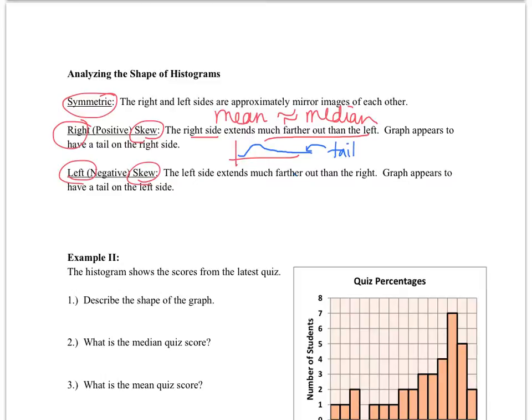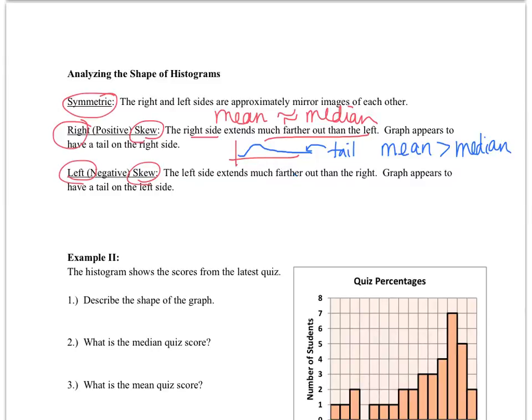And when you have a tail to the right, that means that there are a few scores off to the right that are much greater than the majority of the data. And those greater scores are going to skew our data, and in that case our mean is typically greater than our median. The median is the middle of our distribution, and if we have some scores that are much larger than the majority of the data, they can affect your mean.